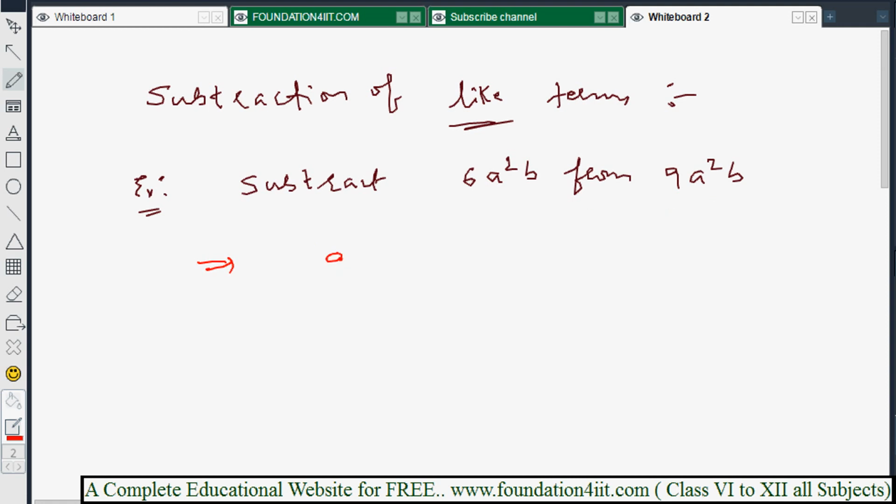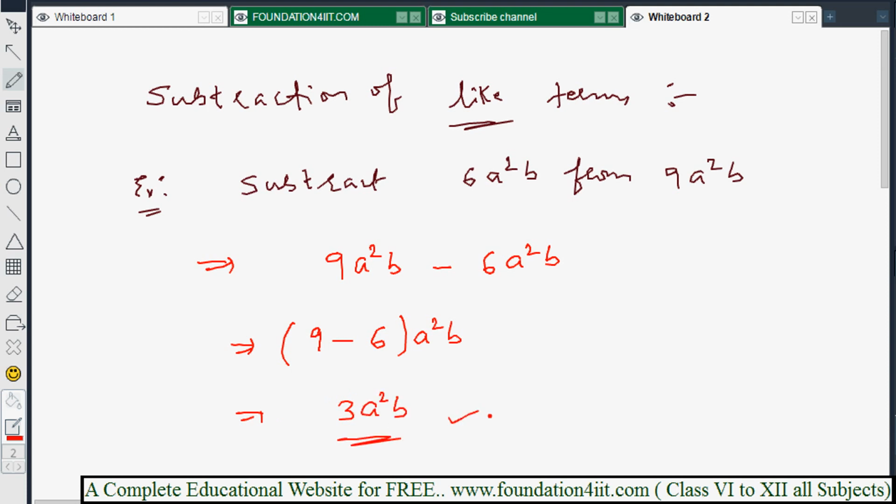That's what 9a square b minus what you have to subtract 6a square b. So a square b is the common. That's a like term, common variable. Then coefficients you need to subtract 9 minus 6. Then 9 minus 6 is 3. So 3a square b is the result for subtraction of this. So it's very simple subtraction.